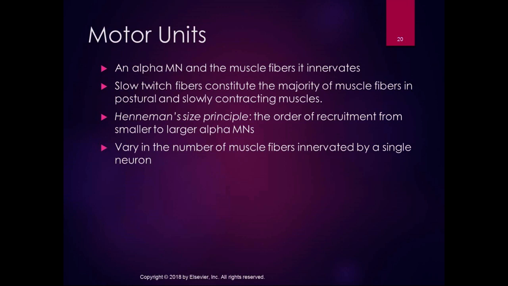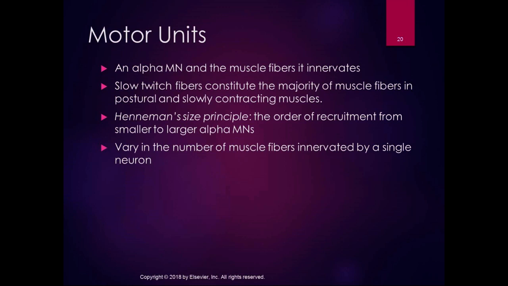The order of recruitment can be modified depending on the task and the phase during human walking and running. So it's really up to our control systems, which we'll talk about a little bit later, to decide how it's going to do that. So motor units also vary in the number of muscle fibers innervated by a single neuron. The gastroc has approximately 2,000 muscle fibers innervated by each alpha motor neuron.